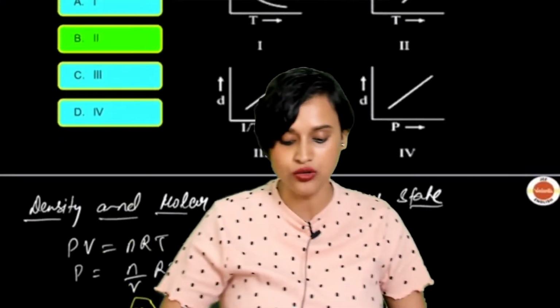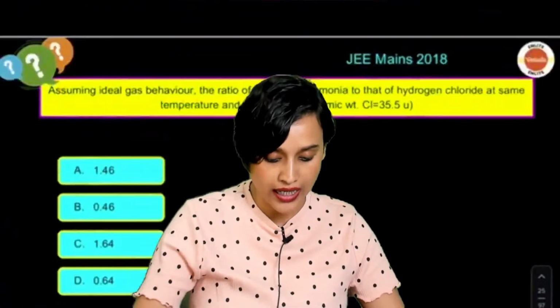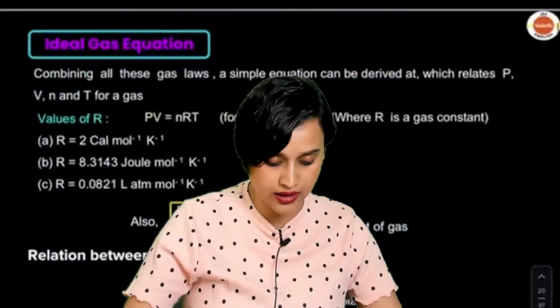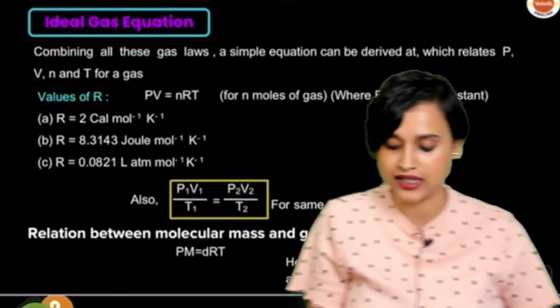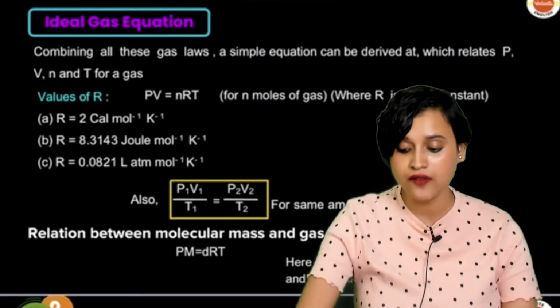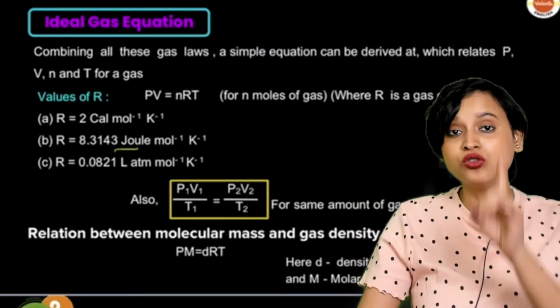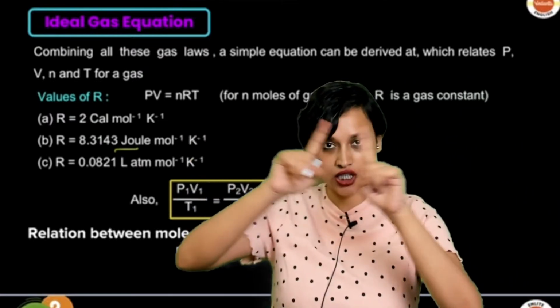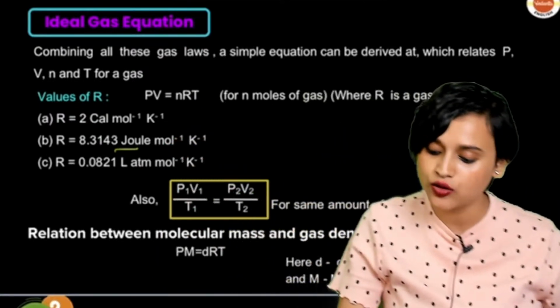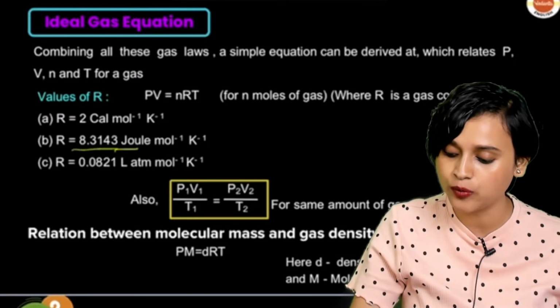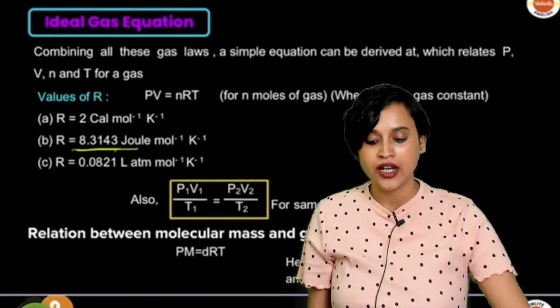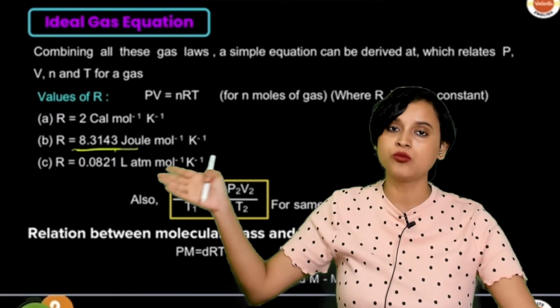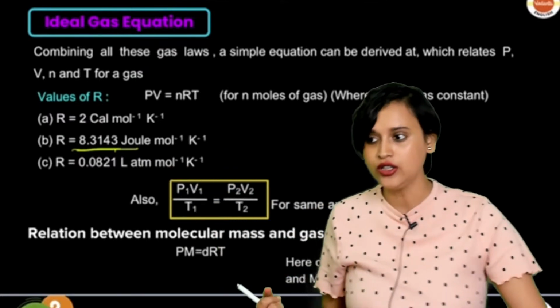That is how you have to come to R. If they give you joule in the question, then you will usually take 8.3143 joule per mole per Kelvin. You will take this.